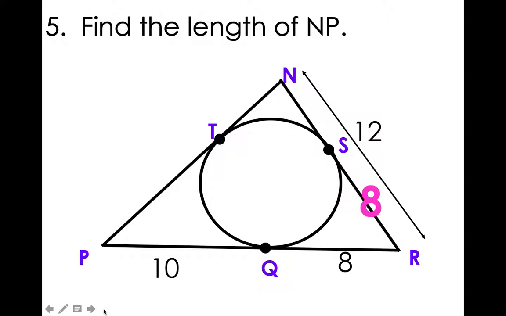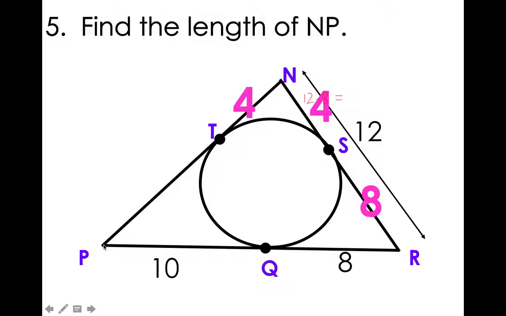And if you notice right here, this entire side from N to R is 12. So if I do 12 minus 8, that gives me 4. Well, if NS is 4, that means NT also has to be 4.